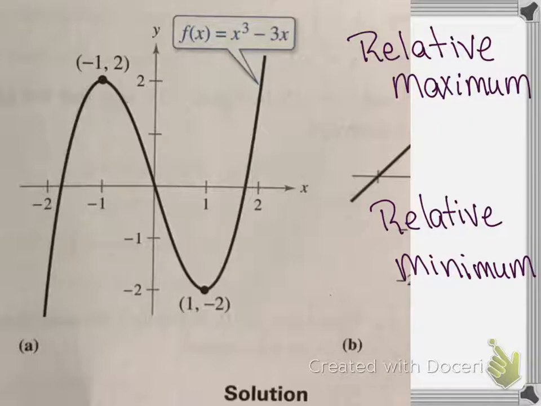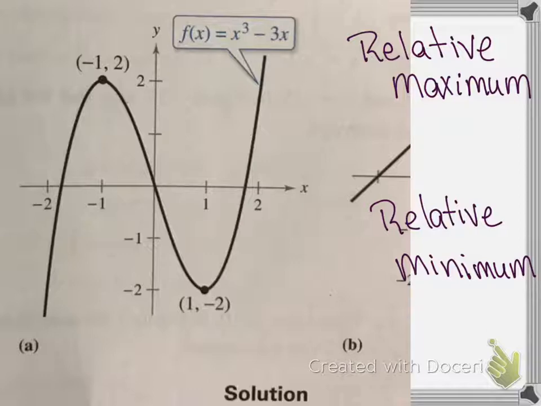That vertex is going to have a maximum value or a minimum value. You're only going to have a max or a min when you're talking about a quadratic. If we are talking about something that's cubic or quartic or a piecewise function, we can have more than one. We can have a relative maximum or a relative minimum.